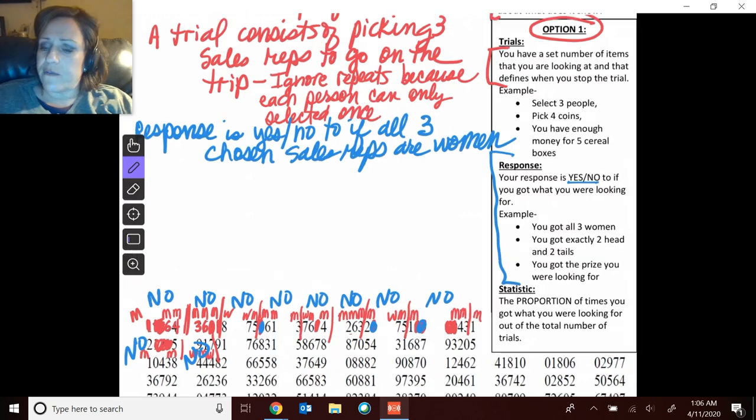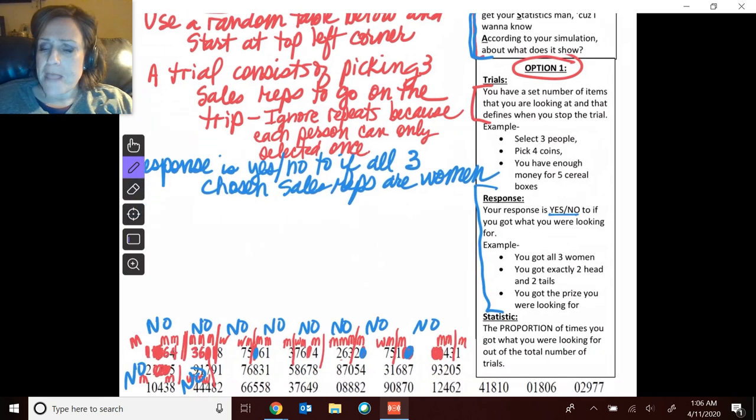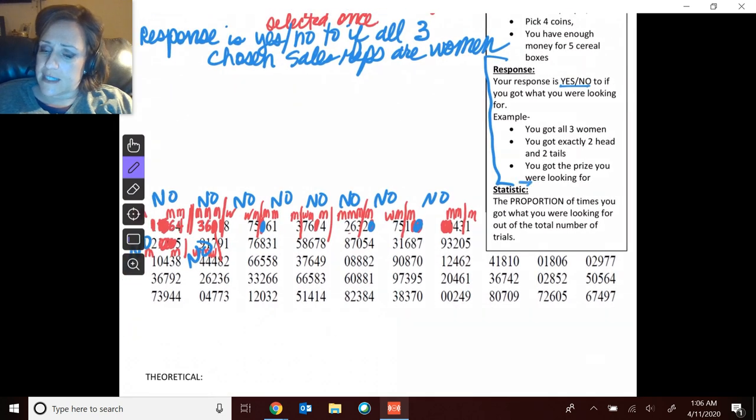Now we're going to finish this out. Get your statistic, because I want to know, according to your simulation, about what this shows. So down here I have listed the statistic we are looking for: the proportion of times we got what we wanted.